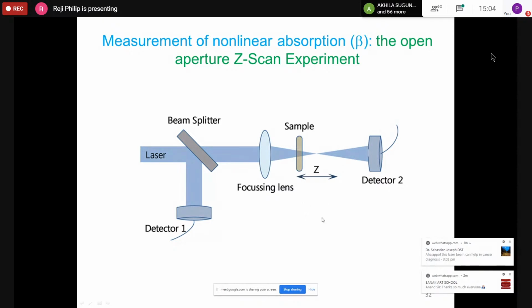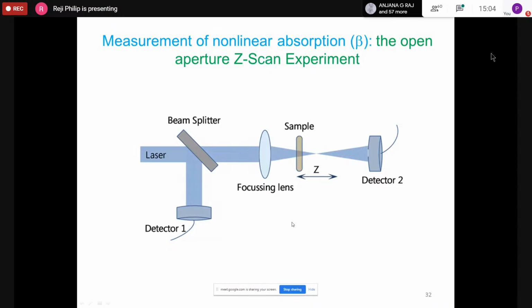It's not difficult to see that at the focal point, you have maximum intensity in the system, and that is where you can expect maximum nonlinearity from your material. As you go away from the focus, the intensity decreases because the beam is bigger, and then progressively the nonlinearity will decrease.